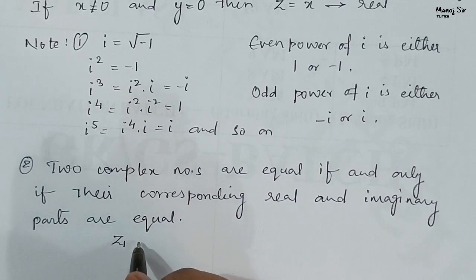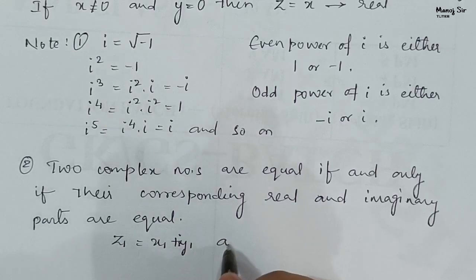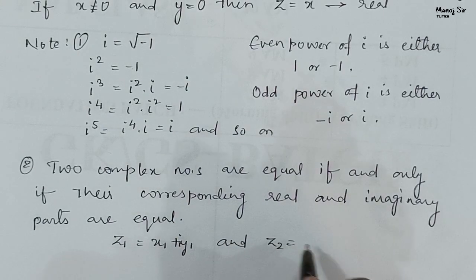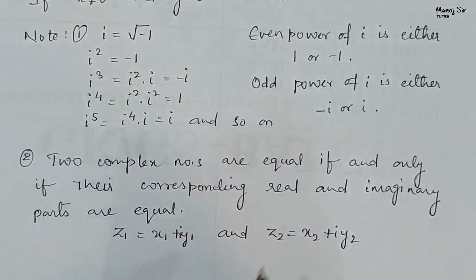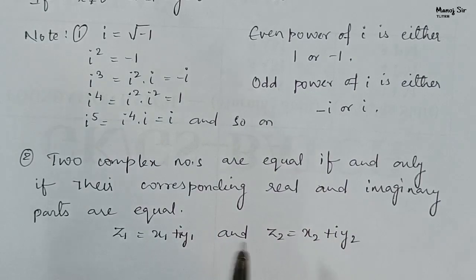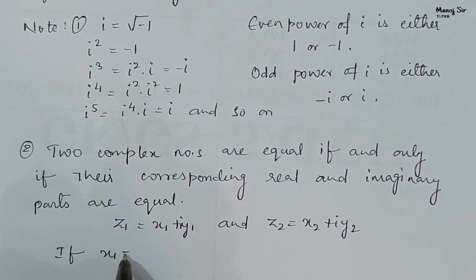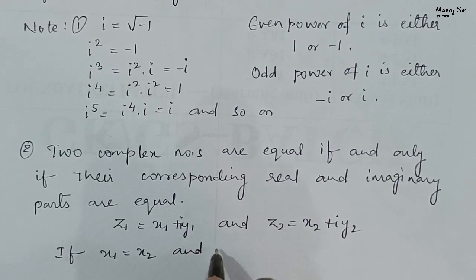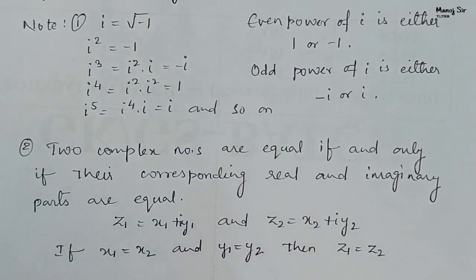Suppose you have z1 equals x1 plus i y1 and z2 equals x2 plus i y2, and we are saying z1 equals z2 when it is possible when x1 equals x2 and y1 equals y2. So we can say if x1 equals x2 and y1 equals y2, then we can say z1 equals z2. This is a very important note point regarding this.